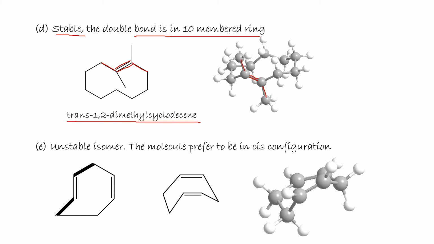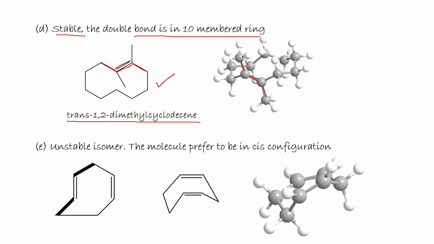Again, you take this structure to 3D, minimize the energy using MM2 software and find out if it exists or not. The compound is stable.